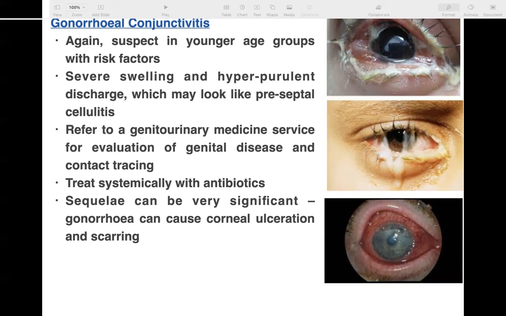Treat systemically with antibiotics. Sequelae can be very significant. Gonorrhea can cause corneal ulceration and scarring, as you see in the lowest picture. So you have to treat it aggressively to avoid the corneal complications which may happen after this infection.